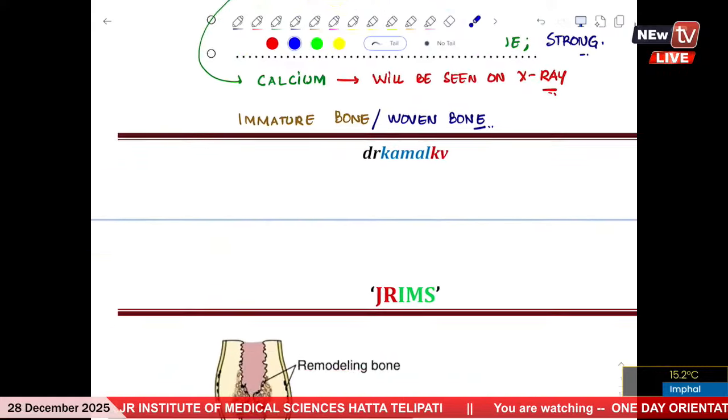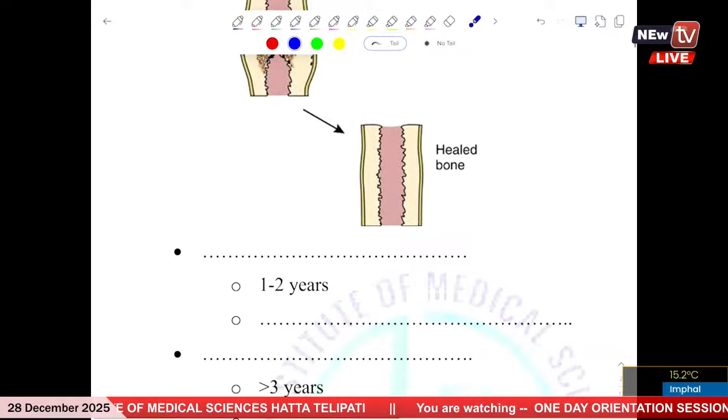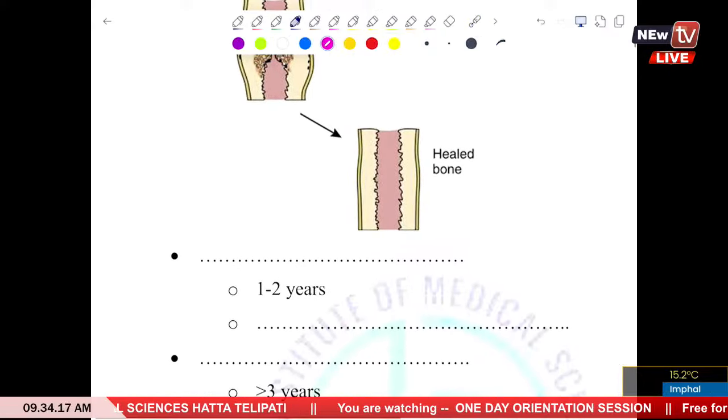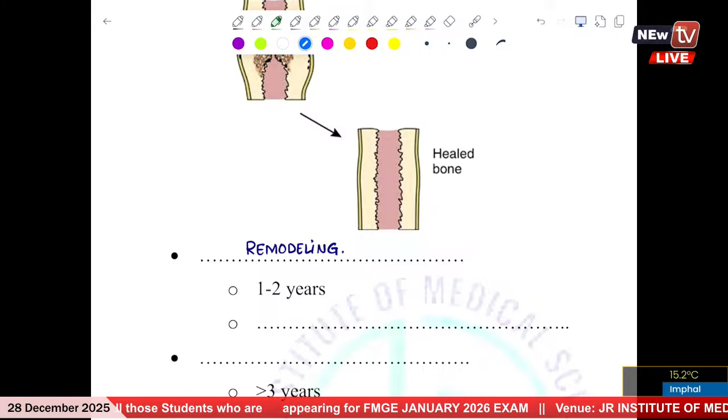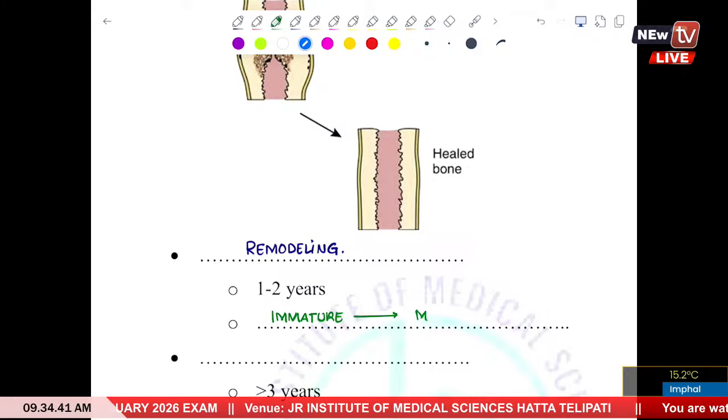So what will happen in the next stage? There will be conversion of immature bone to mature bone. So that phase is known as remodeling. Clear? So that phase is known as remodeling. And what is happening in remodeling? Immature bone is converted into mature bone.